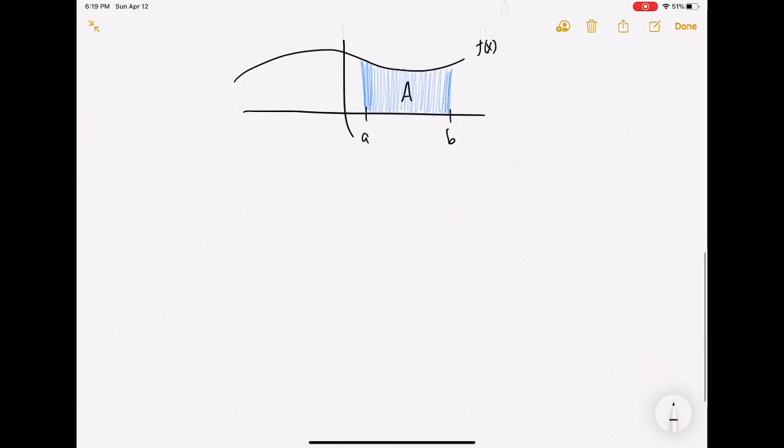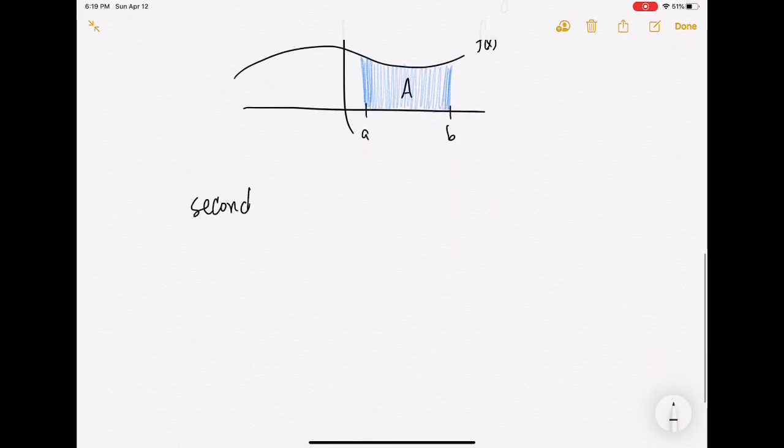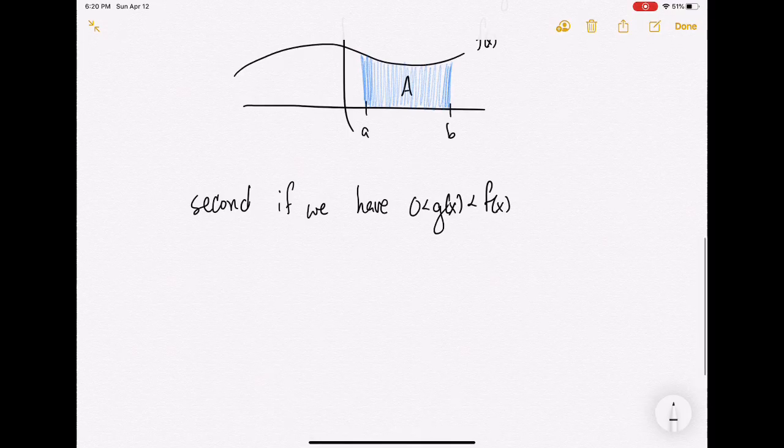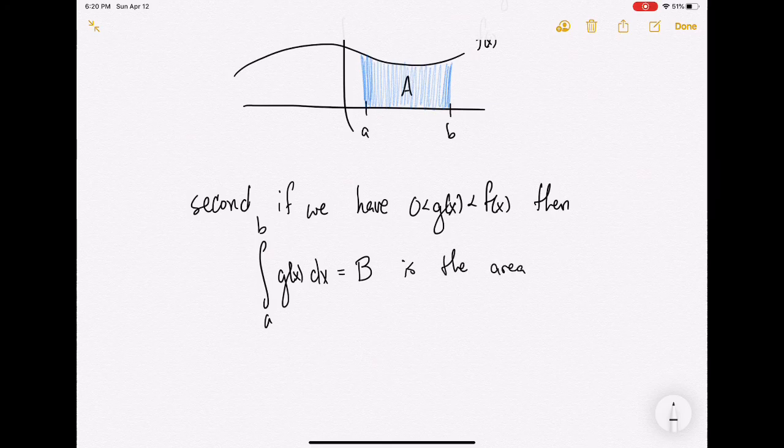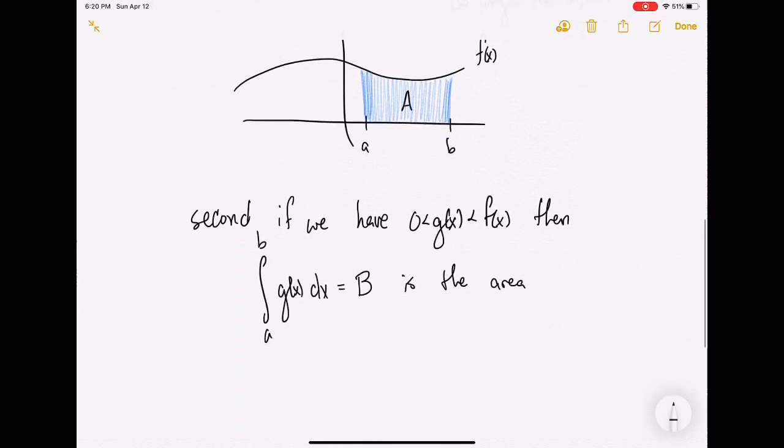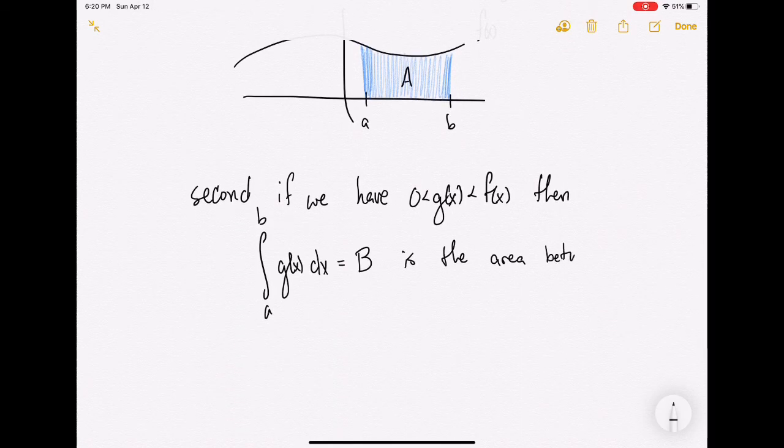And second, if we have g of x, let's call it strictly less than f of x, and let's make it greater than 0 still, then this integral, call this capital B now, is the area between g of x and the x-axis.